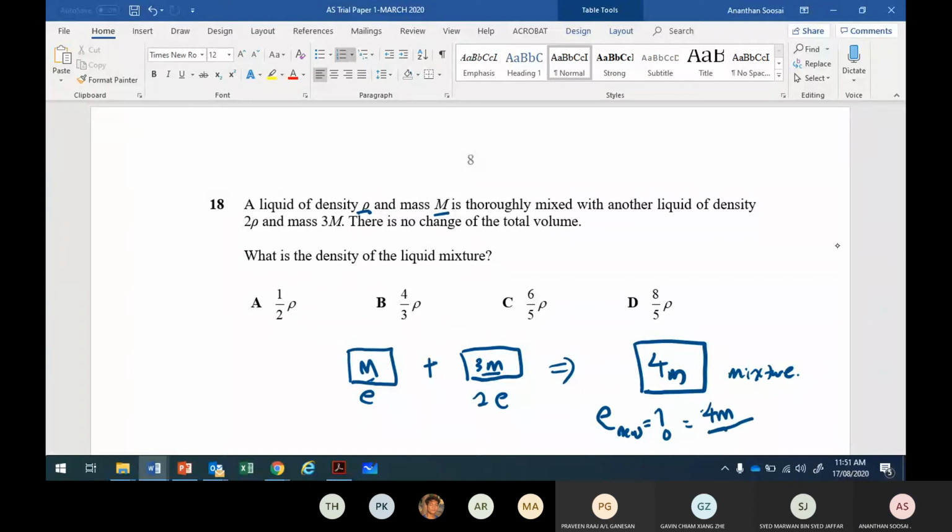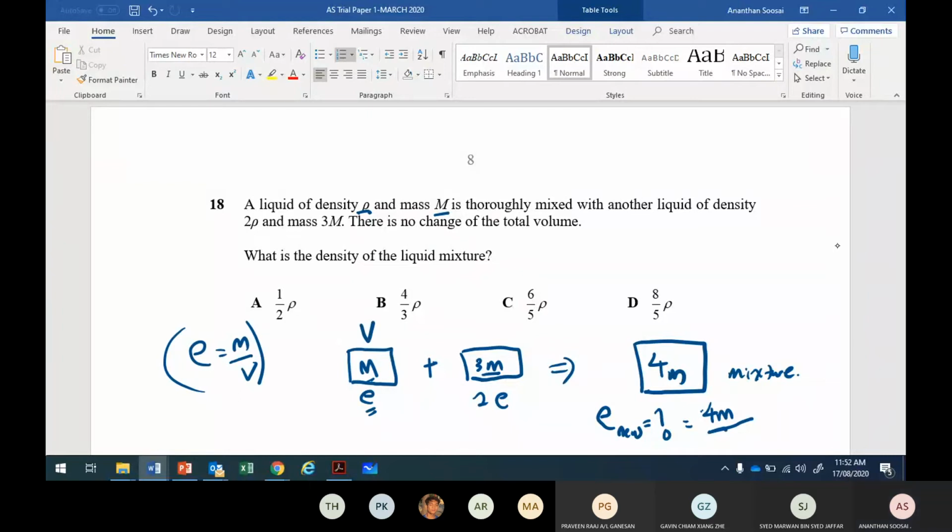Okay, and the problem is the volume. How much will the volume be? Volume is the trap. We assume rho as m over v. So if this is rho with mass m, we take this volume as v.